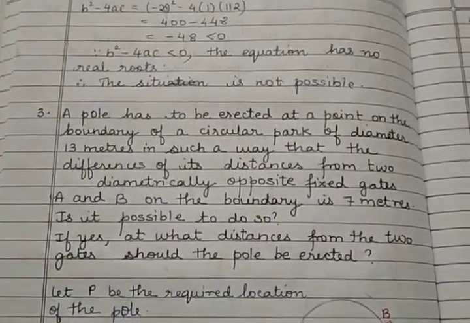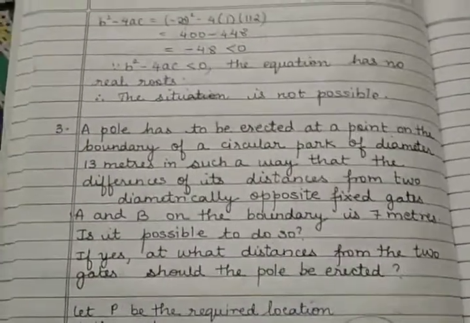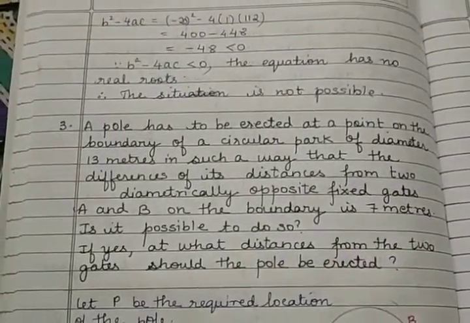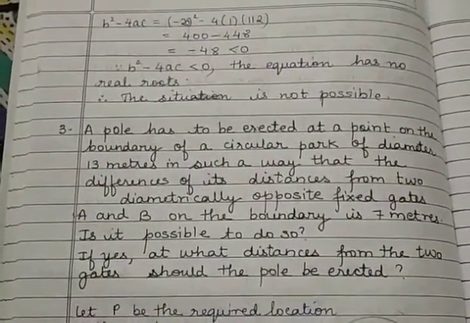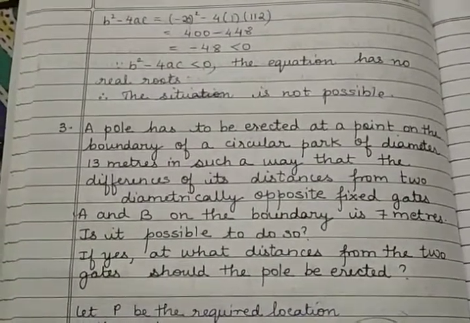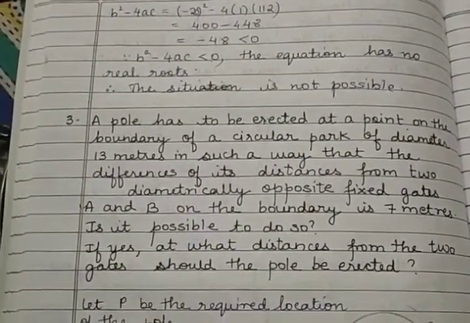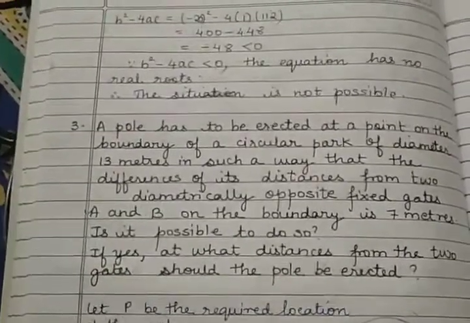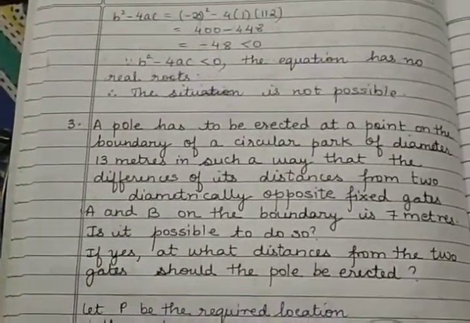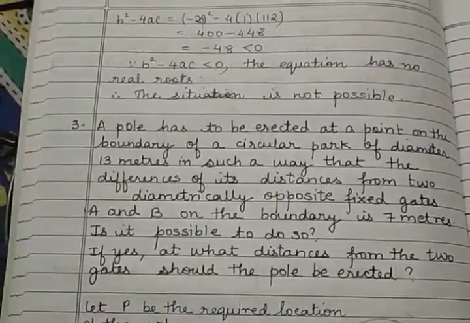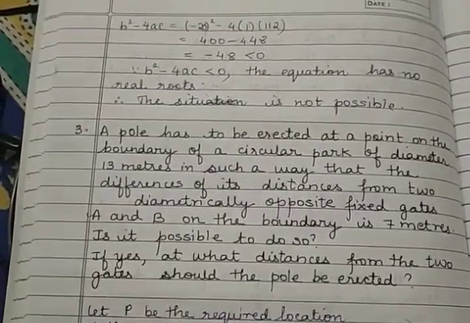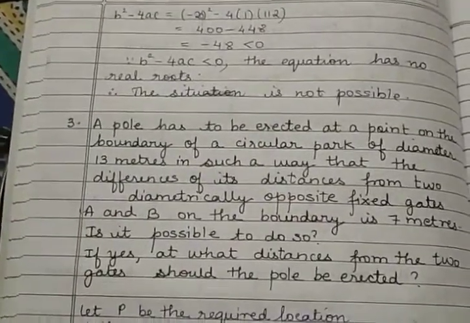So it says you have a circular park and you have to erect a pole on the circular park. And the pole has to be erected at a point which is on the boundary of a circular park. Boundary means on the circle it should be. So the pole has to be erected on the circular park boundary, and this circular park has diameter of 13 meters.